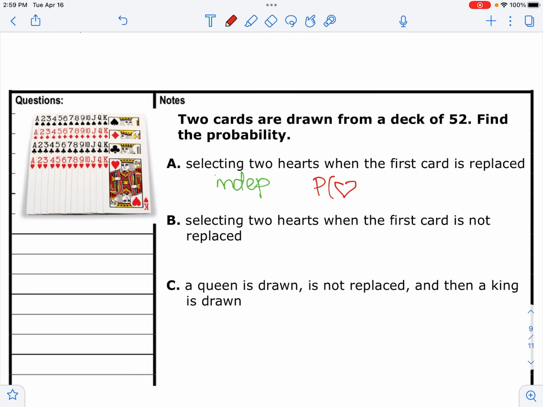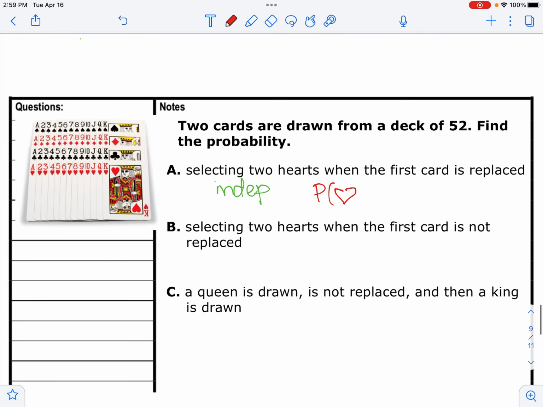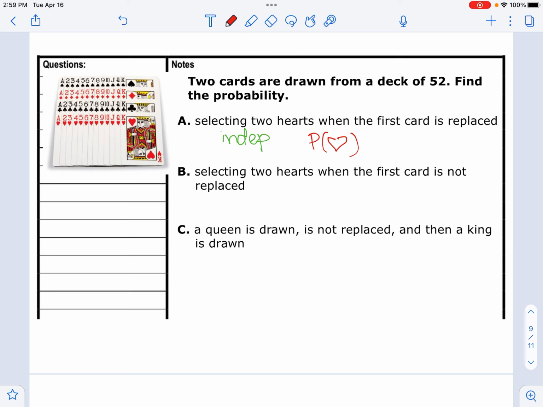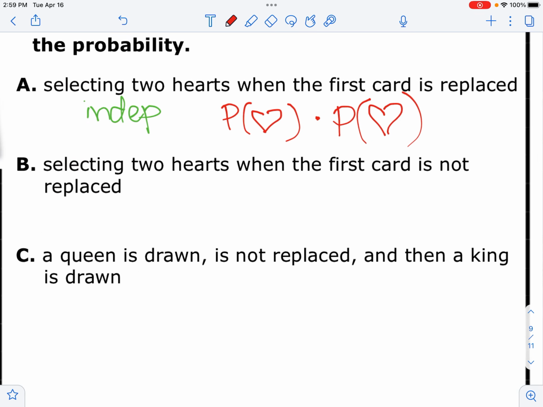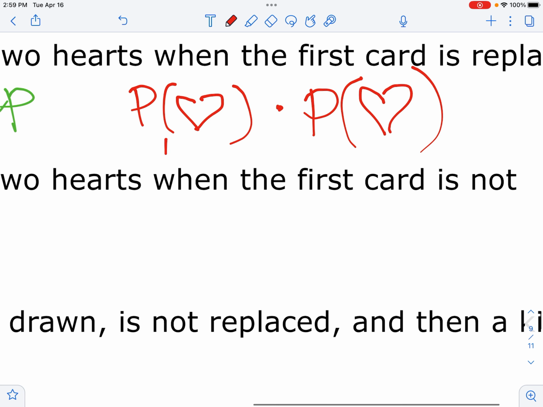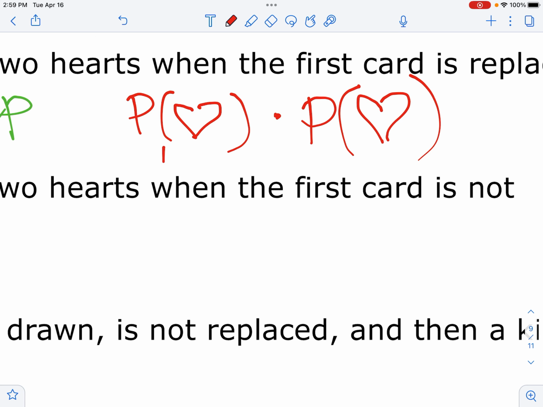times the probability of getting a heart the second time. So probability of getting a heart, you can see there are 13 out of 52, and 13 out of 52.